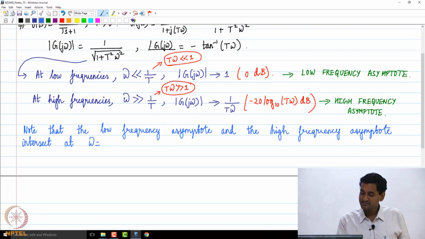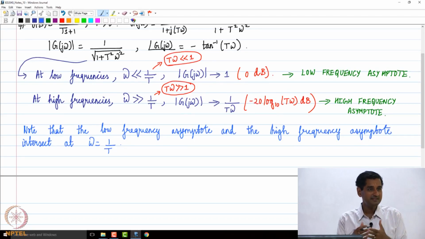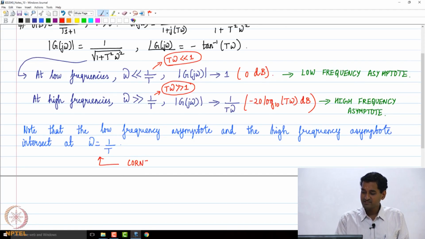So you can immediately see that when omega equals 1 by capital T, the low frequency asymptote which is 0 decibel and the high frequency asymptote will give the same value, right. So essentially they are intersecting each other. This is what is called a corner frequency, or some people will call it the break frequency.